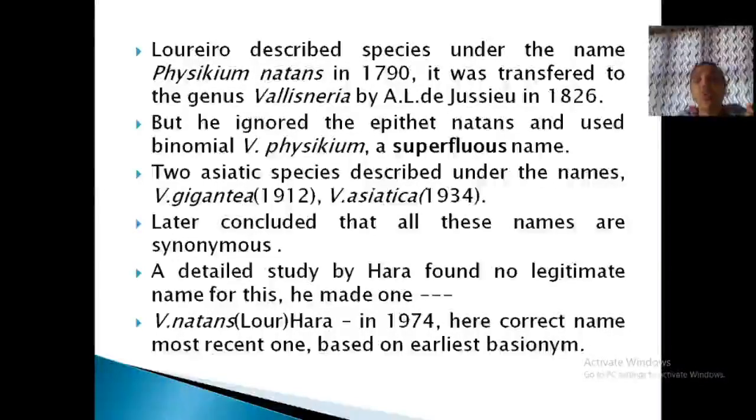And both the author who described it first and the author who described it later are required in the name. So the first published original author in parenthesis or brackets, followed by the author who published it. Clear? This is the very important rule of priority. So you have to explain this with examples.